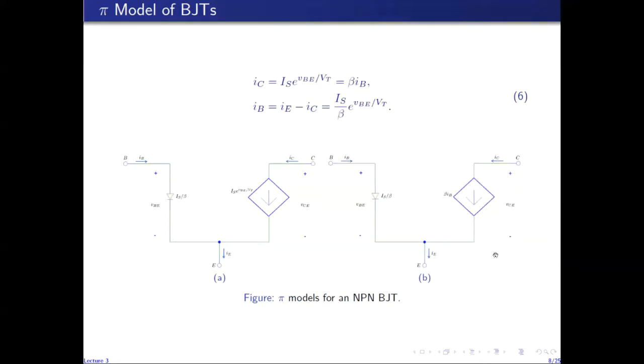So the output current in this context is an amplified version of the input current IB, which is why beta is also called the common emitter current gain. It's called common emitter current gain because the emitter is the common terminal between input and output ports. So just like alpha was called the common base current gain, beta is called the common emitter current gain.